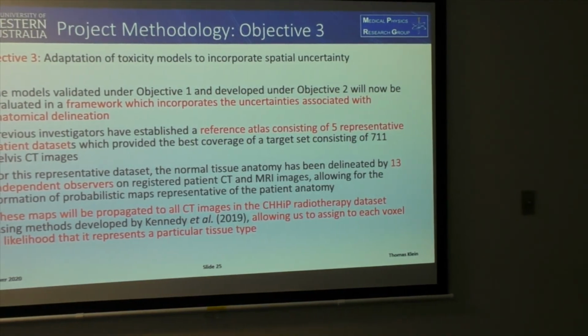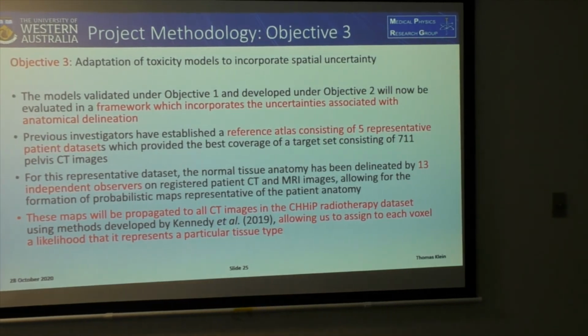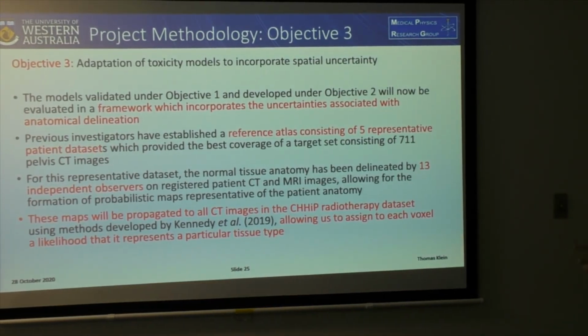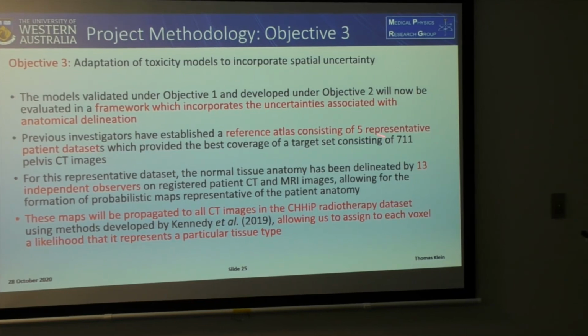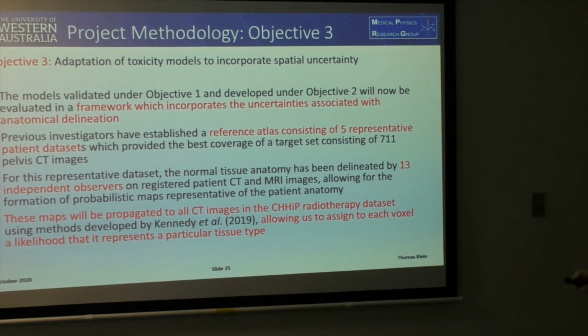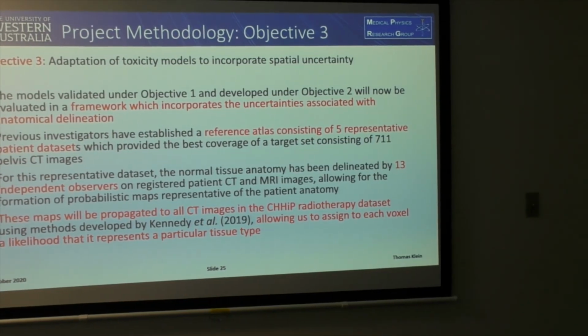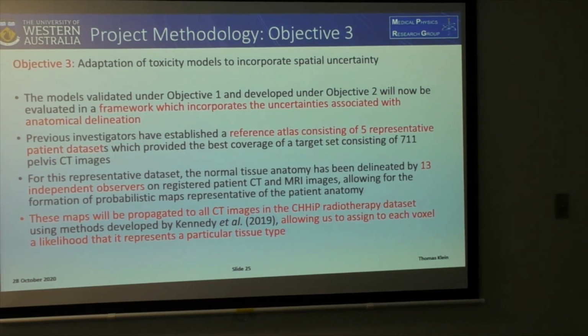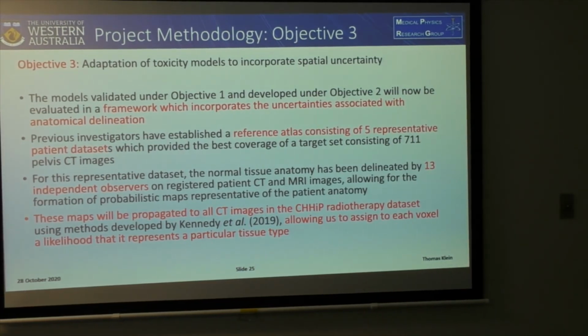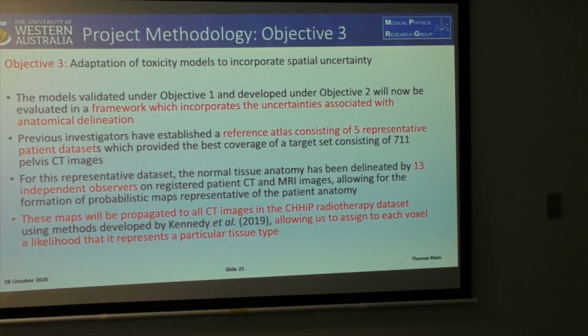So if you assume you can generate a reference atlas that sufficiently describes the patient population, and then you have a large number of independent observers perform delineation on those atlas sets, you basically end up with a probabilistic atlas for treatment planning rather than requiring an observer to delineate every individual patient.